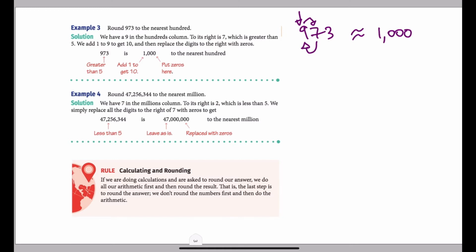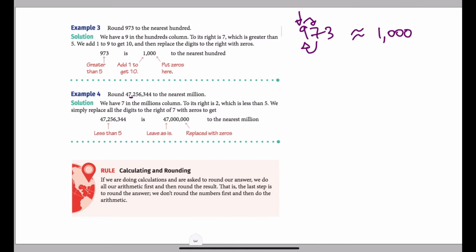All right, let's look at example 4. Round 47,256,344 to the nearest million. So where's the millions? The 7 is in the millions place, because the first 4 on the left is in the 10 millions place, because it's 47 million.